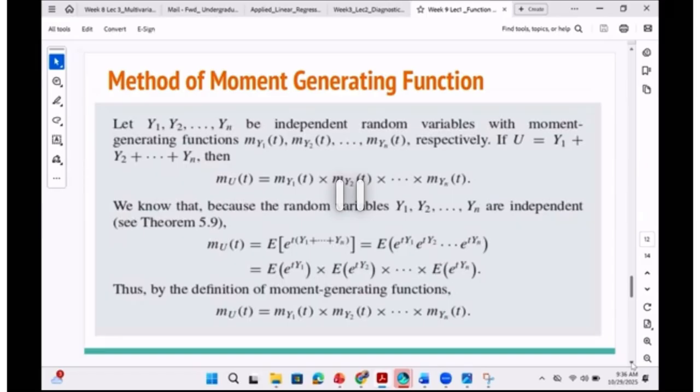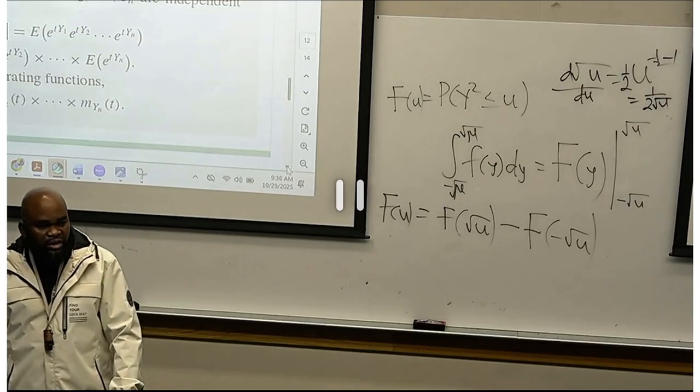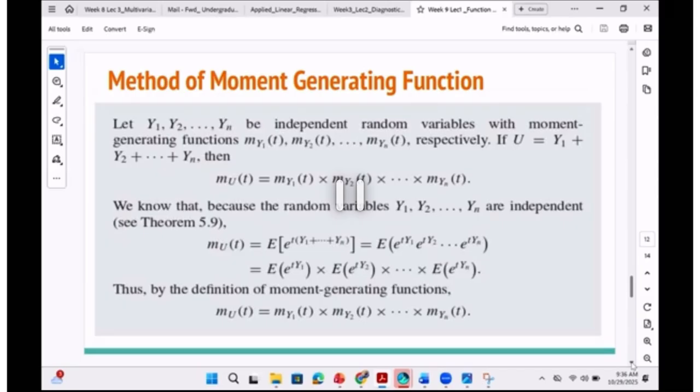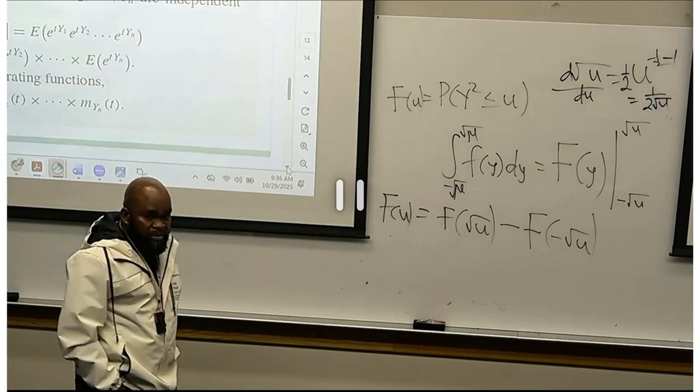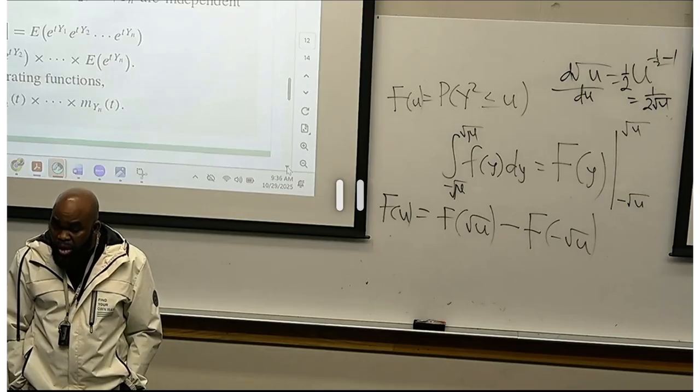And I want to go to another method that we call moment generating function. The method of moment generating function is easy because, of course, in this class, we've done moment generating function before. Now, take a look at this. Let y1, y2 up to yn be independent random variables. What do we want to do here?